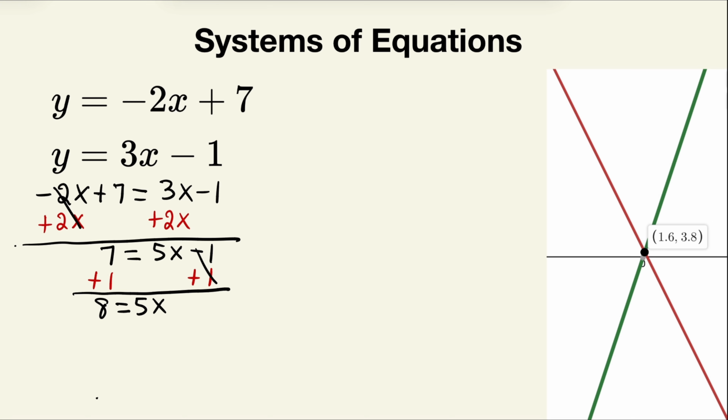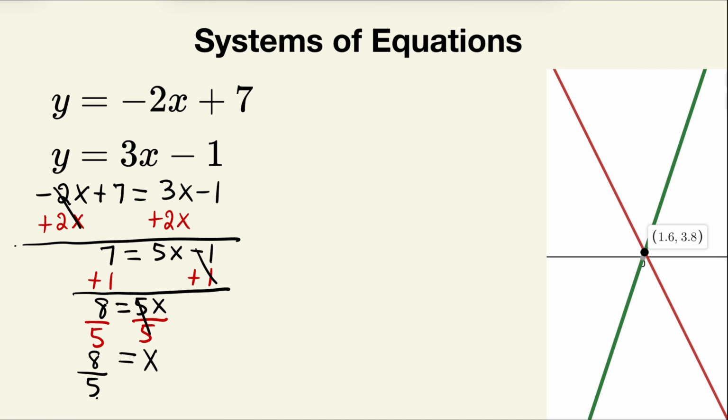We have 8 equals 5x. Well, we can take and divide by 5 on both sides to isolate that x. And you see here that the 5's cancel out on the right. And we have solved for x. So x equals 8/5 or 8/5 equals x.